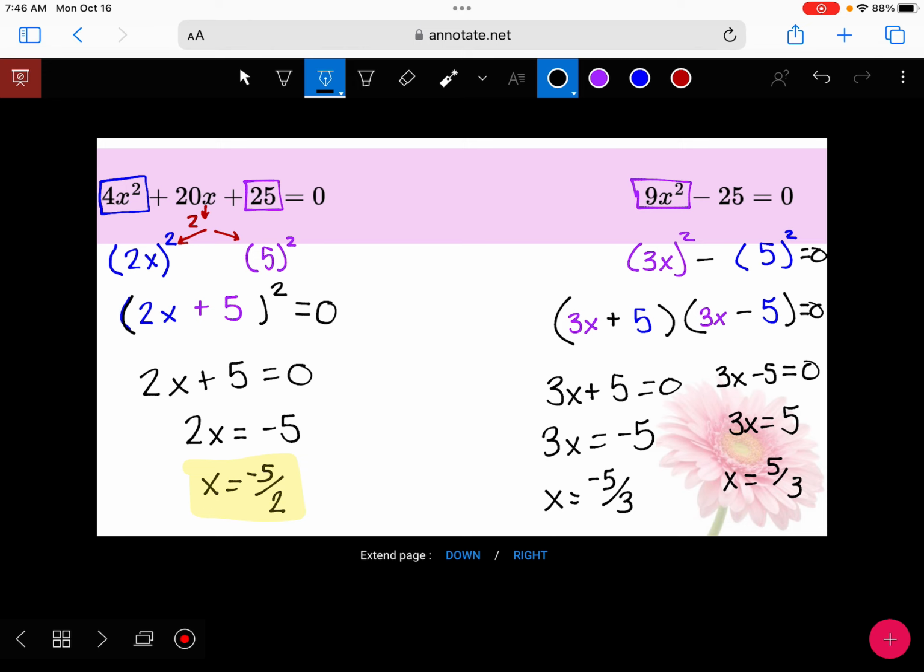Okay, so these special products are going to come up fairly regularly. We love to do these, and the books love to do these, and things like the PSAT love to put on special products. Speaking of PSAT, that's Wednesday.